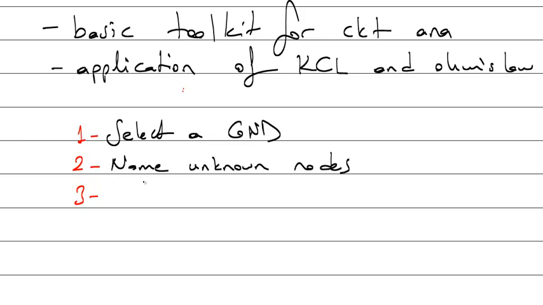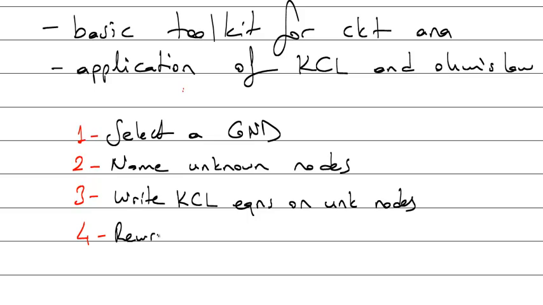The third step, write KCL equations on unknown nodes. Only you will write the KCL equations for unknown nodes, not all nodes, but only on unknown nodes. It's enough.